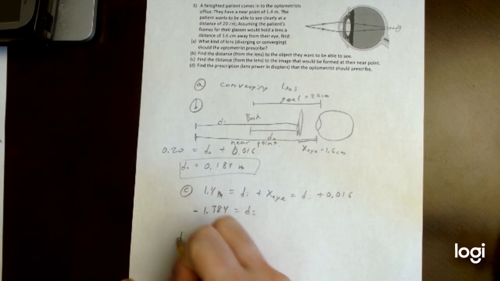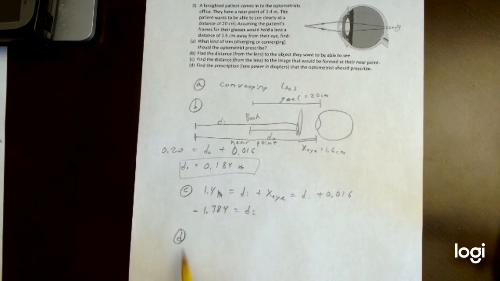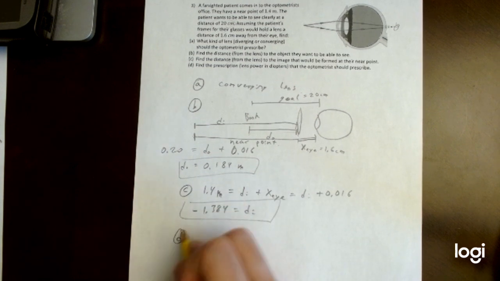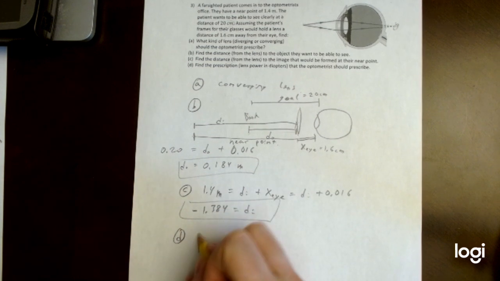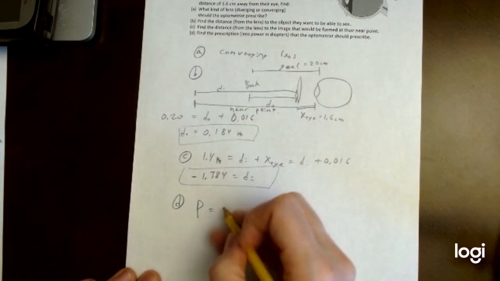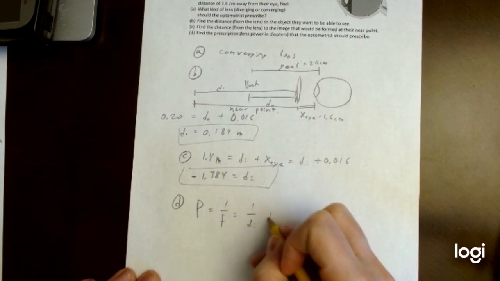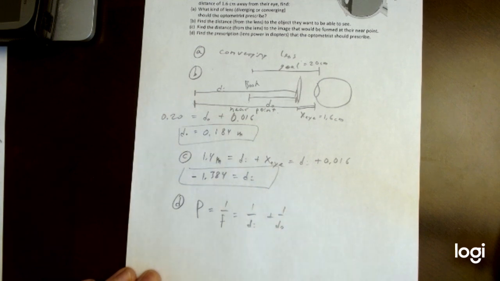And then lastly, if we plug all of this into our formula, we would say that the power of our lens should be 1 over f, which is 1 over the image distance plus 1 over the object distance.